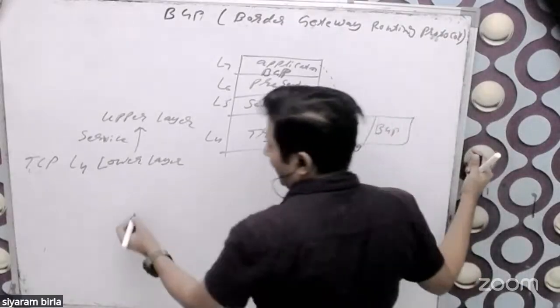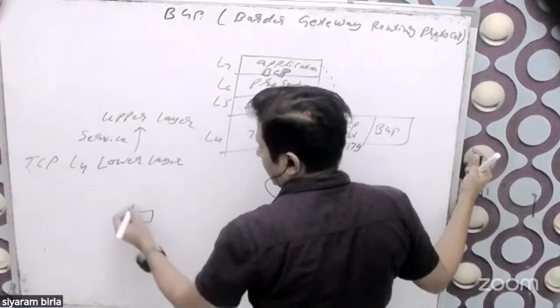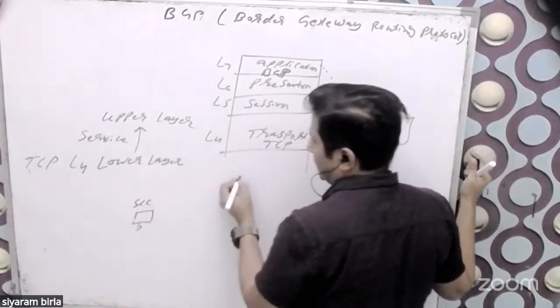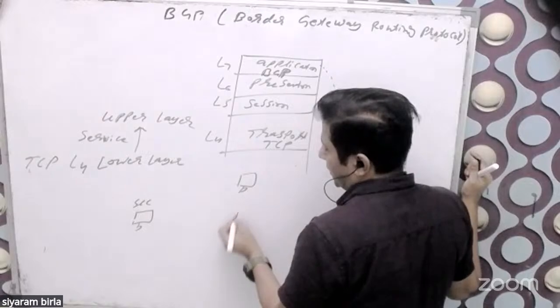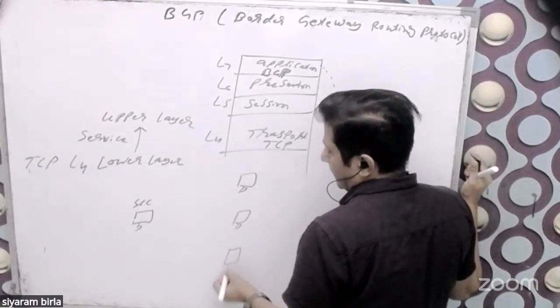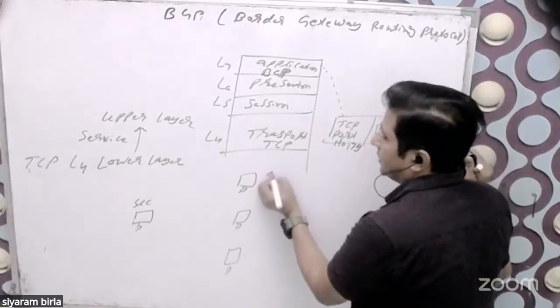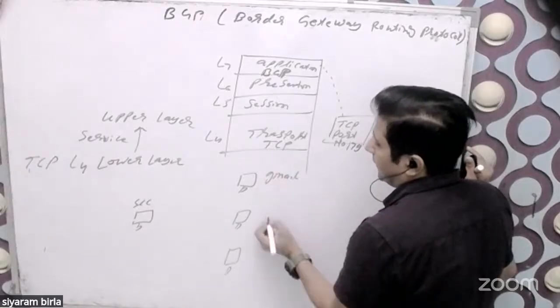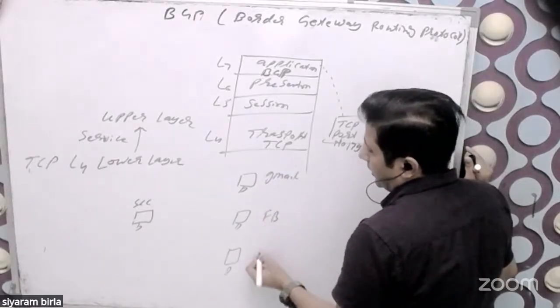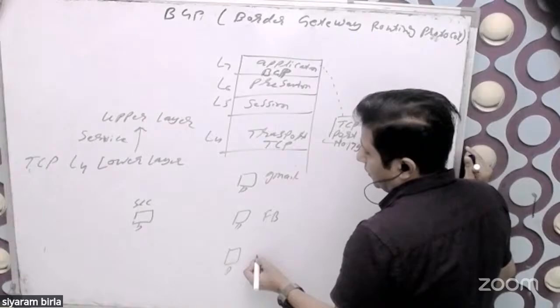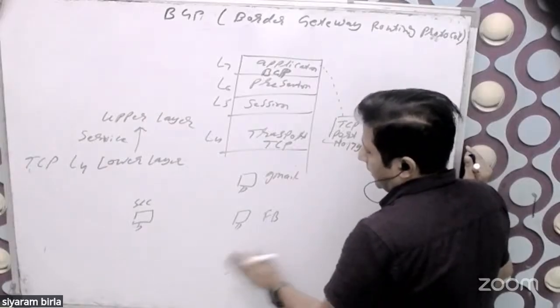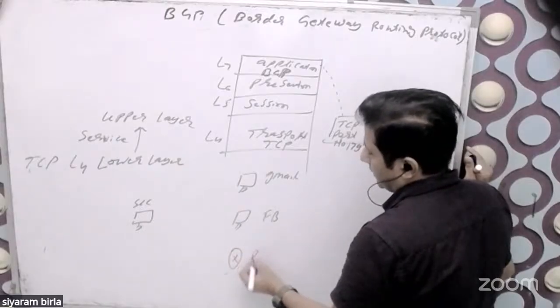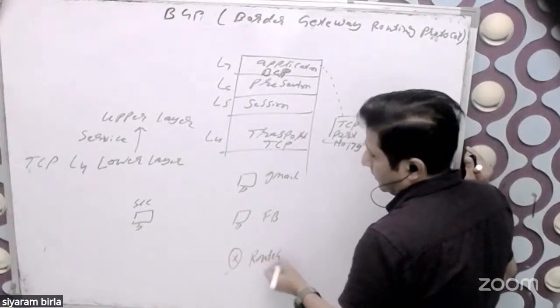So what is the port number? Let me explain. Suppose this is the source and these are the destinations: this is Gmail, this is Facebook, and this is a router.